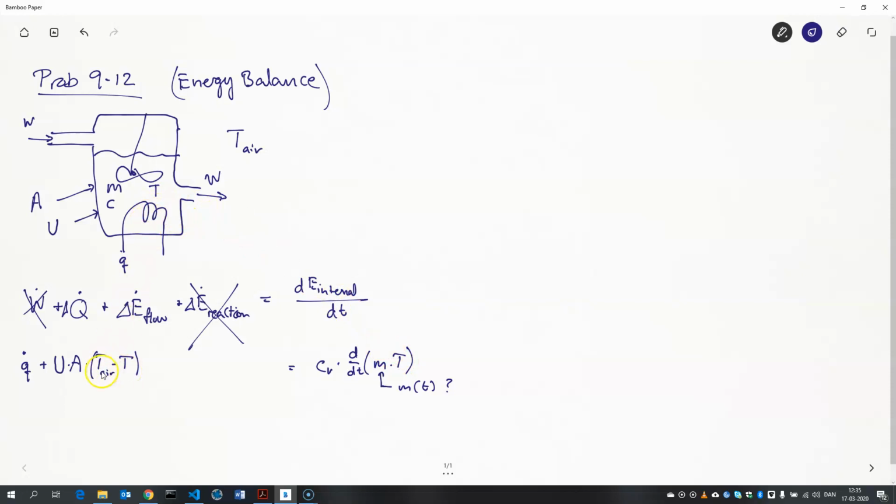So that's the right way here: T air minus T. Then we have the flow term. We'll start out by just writing W in times the specific enthalpy, H in, minus W out times the specific enthalpy of the outgoing components.